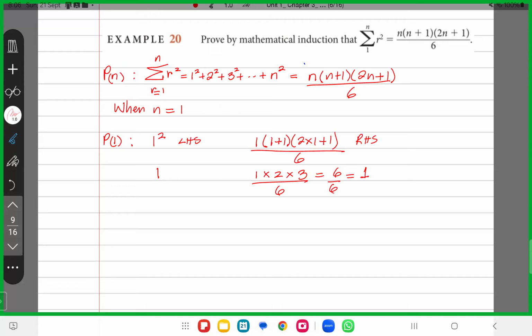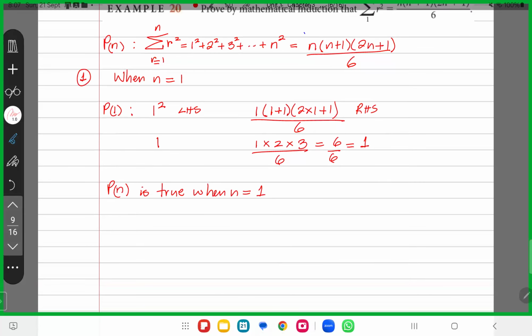So the statement is true when n is equal to 1. So I can make that declaration that Pn is true when n is equal to 1. This is step 1.